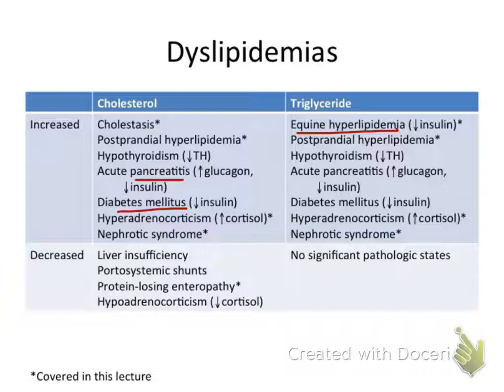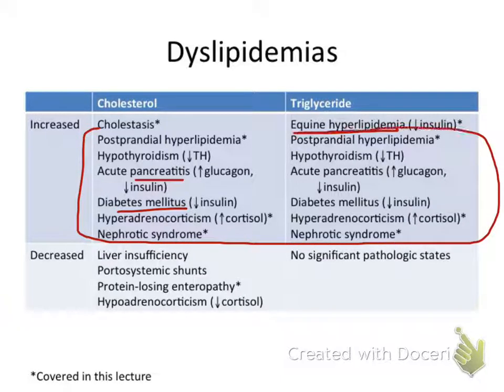Also, many of the diseases that cause hypercholesterolemia also cause hypertriglyceridemia. So, while this list initially appears daunting, it's not as scary if you combine those disorders into similar processes.